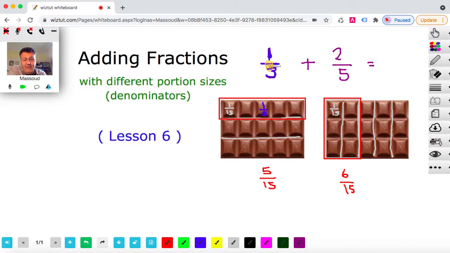So instead of adding this to this, we can add this to this instead, which will give you 11/15ths, because you have 5/15ths there and another 6/15ths. So if you count them up together, you would get 11 of these pieces. 11 of these pieces out of 15. It will be 11/15ths.